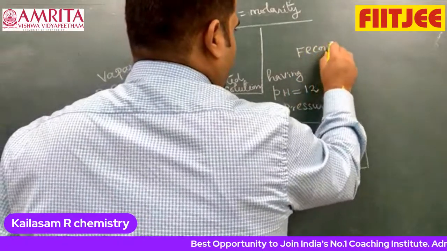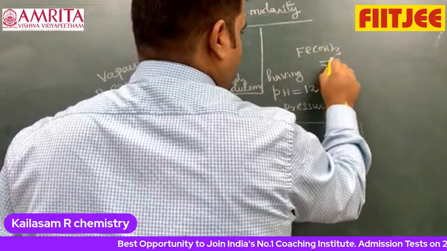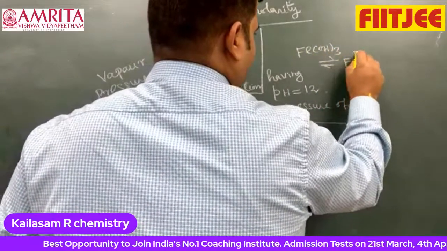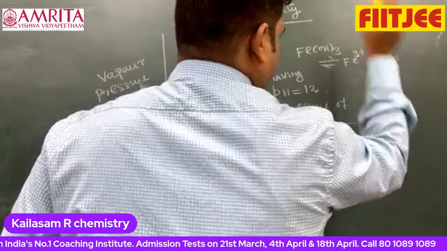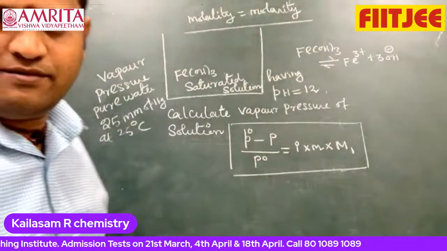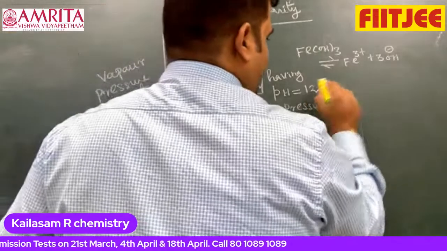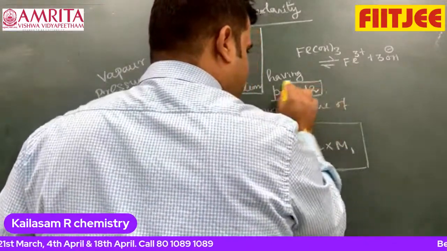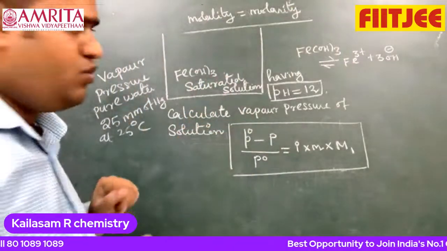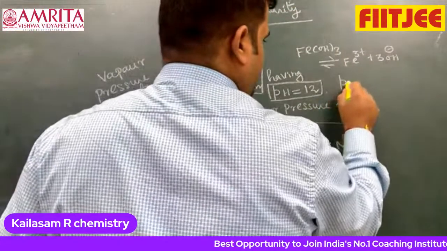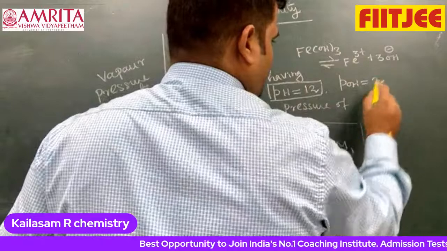Fe(OH)3 gives Fe3+ and 3 OH minus. They gave us pH is equal to 12. Then what about pOH? pOH is equal to 2.